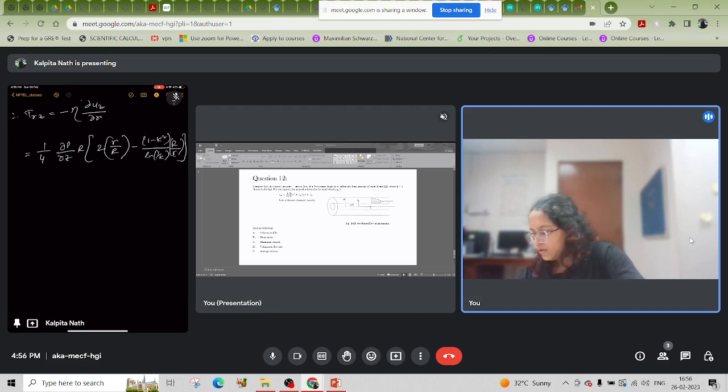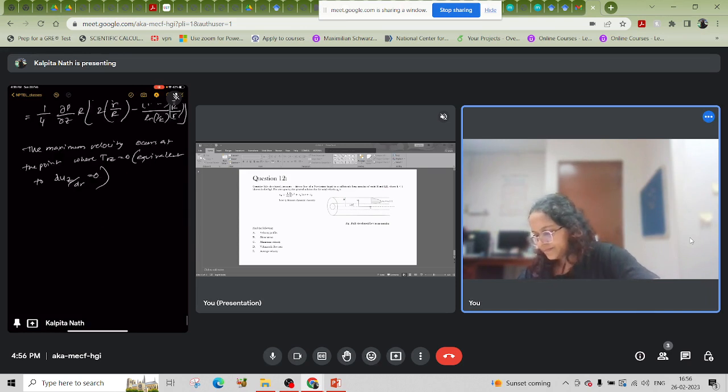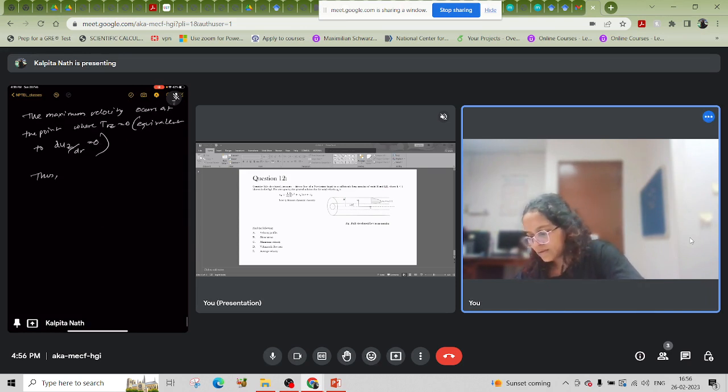Okay, so the maximum velocity occurs at the point where tau rz is equal to 0, equivalent to duz dr is equal to 0.